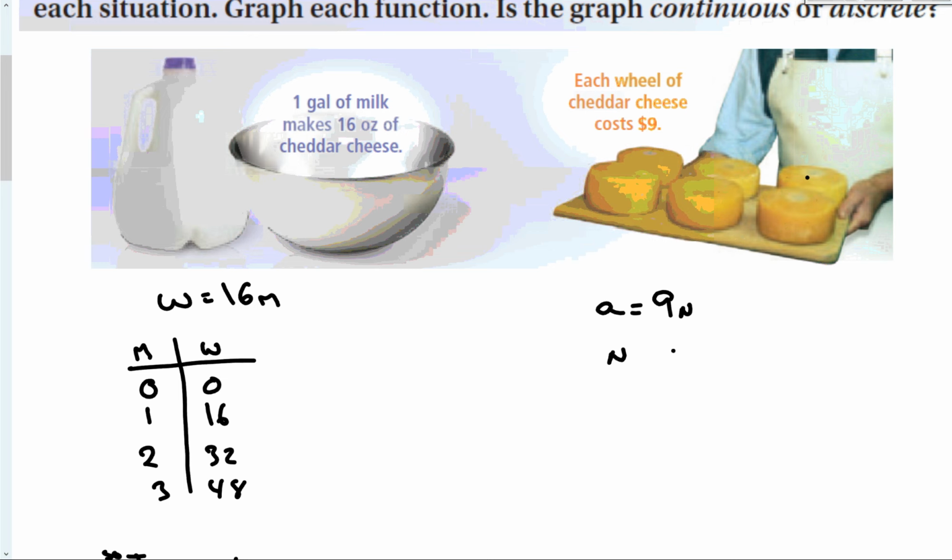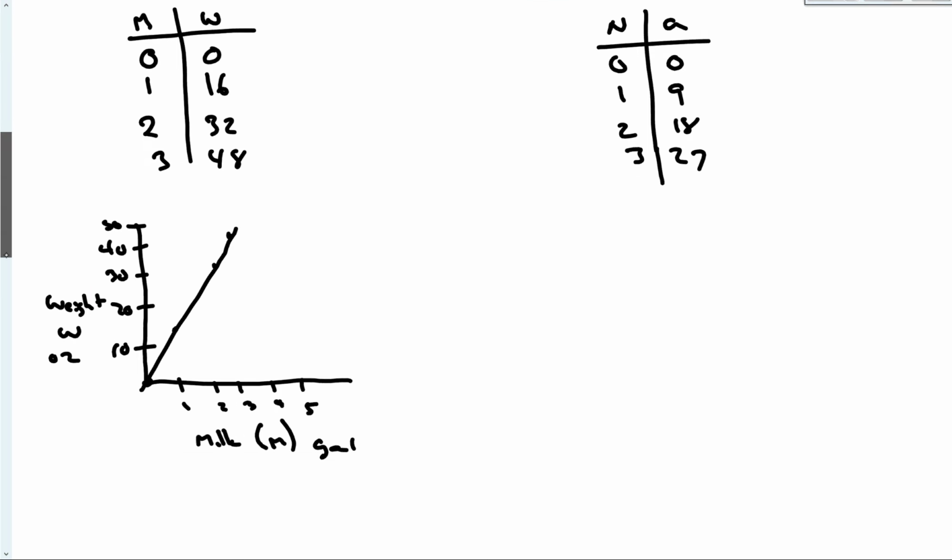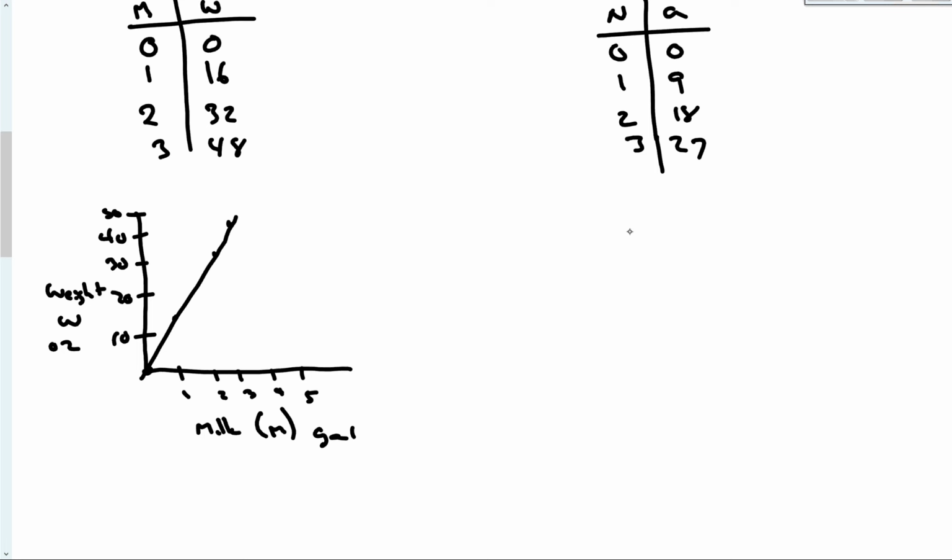So n is my input. The amount I make is my output. If I sell 0, I don't make any money. If I sell 1, I make $9. 2, 18, and 3, $27. Okay.